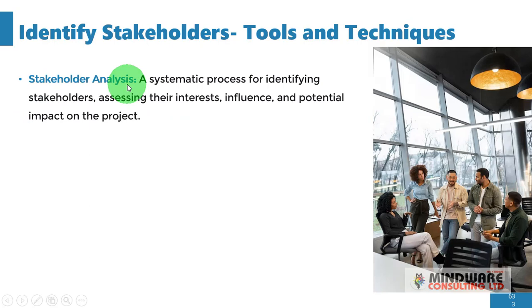Firstly, we have stakeholder analysis. Alright, this is a systematic process for identifying stakeholders, assessing their interests, influence, and potential impact on the project. So it's a process, all right, a systematic process of analysis, or getting to identify the stakeholders.